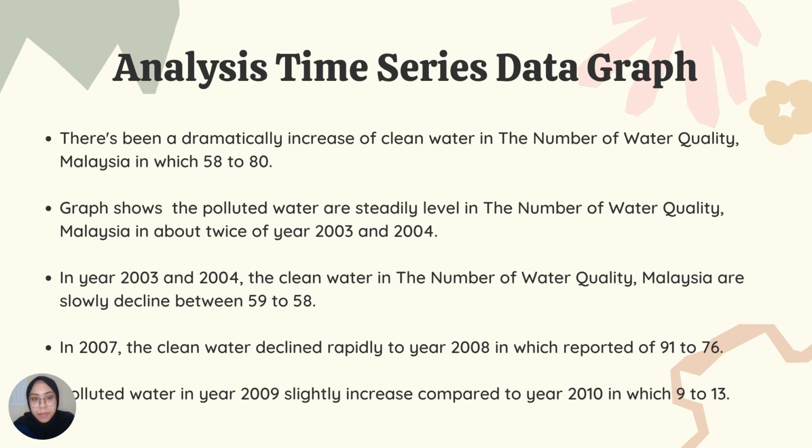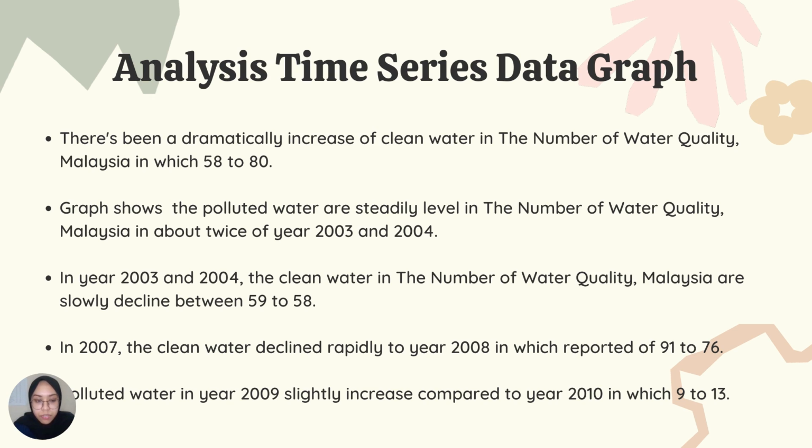First, there's been a dramatically increase of clean water in the number of water quality Malaysia, in which 58 to 80. Next, graph shows the polluted water are steadily level in the number of water quality Malaysia in about twice of year 2003 and 2004. In year 2003 and 2004, the clean water in the number of water quality Malaysia are slowly declined between 59 to 58.